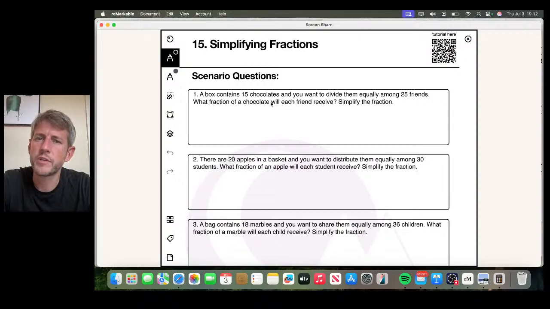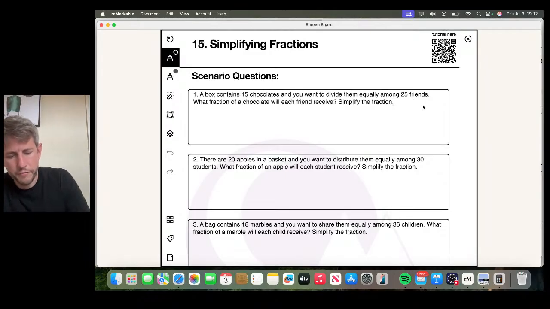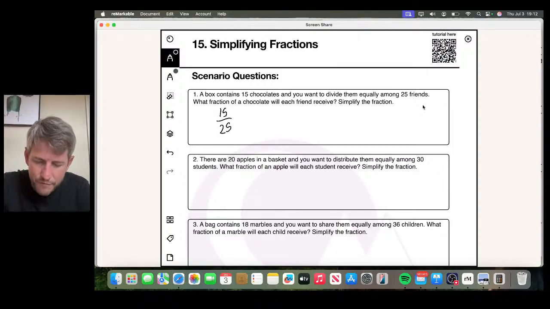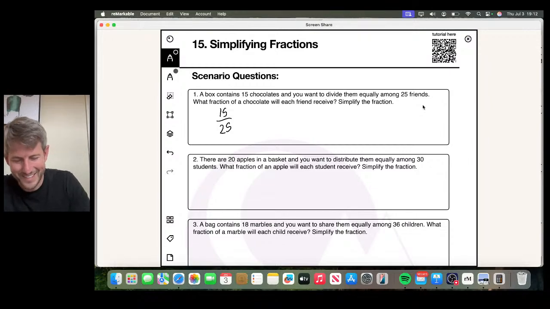What fraction of a chocolate will each friend receive? Simplify the fraction. So we've got 15 chocolates and we're dividing them between 25. So each friend is going to get 15 over 25. Okay, we can divide both of these by 5. So this becomes 3 over 5. So each friend will get 3/5 of a chocolate.